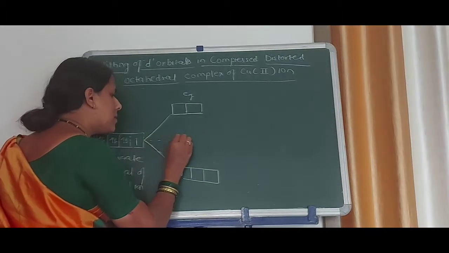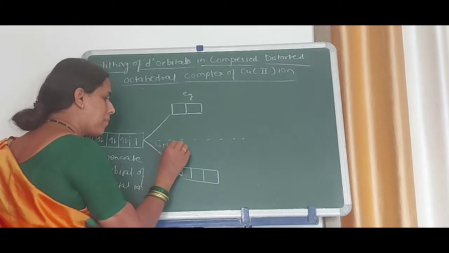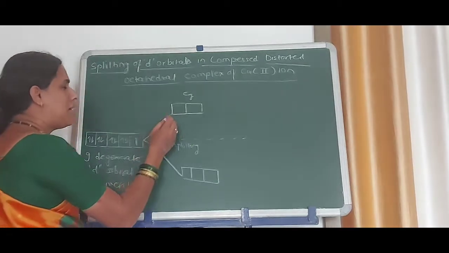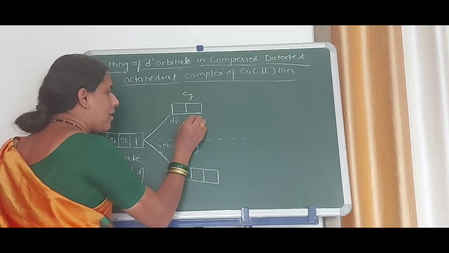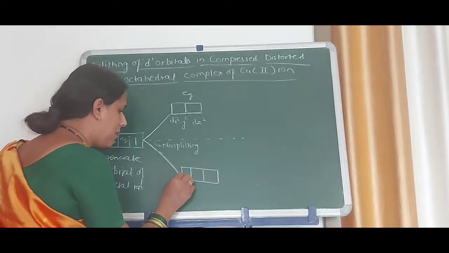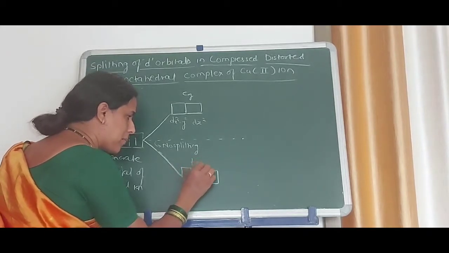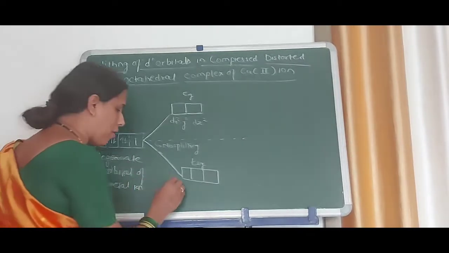This is the splitting center. Which orbitals are Eg? dx square minus y square and dz square. And the T2g orbitals occupy the lower energy in an octahedral complex.